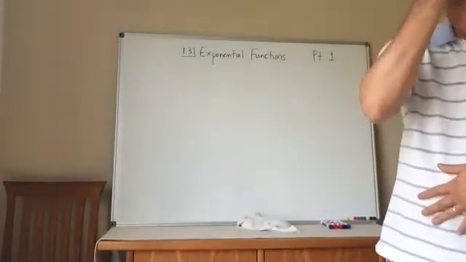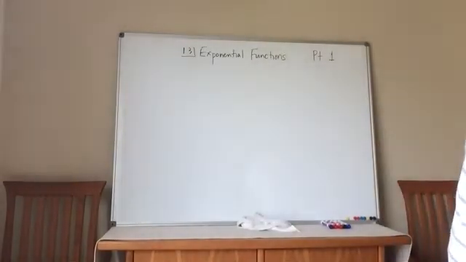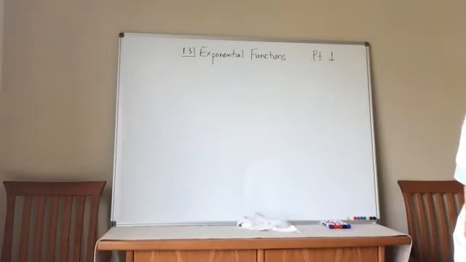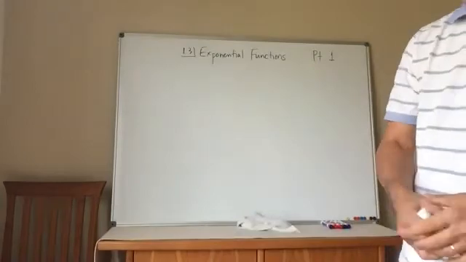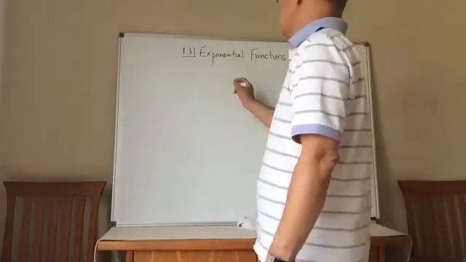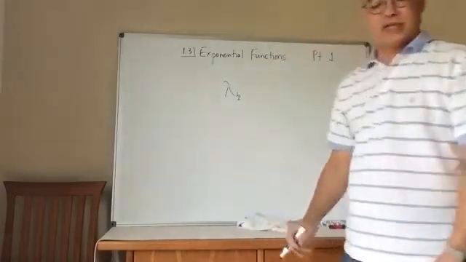Okay, so moving on to exponential decay. Exponential functions can also model phenomena that produce a decrease over time, such as radioactive decay. In radioactive decay in particular, we use what is called a half-life. This is the symbol that you see.